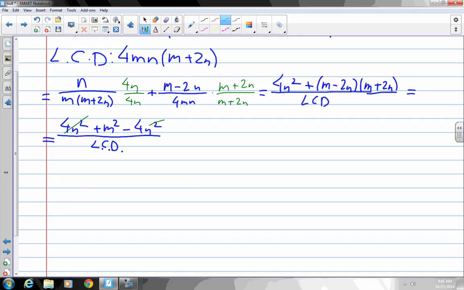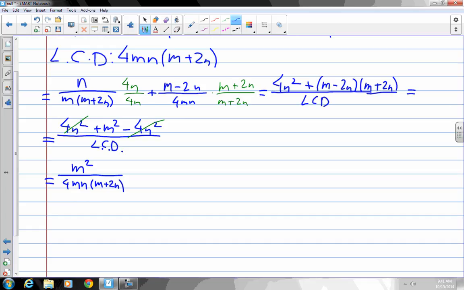So these two cancel. And we are down to m squared over, well, what is the denominator? 4mn, m plus 2n. Are there any common factors between the numerator and the denominator? m.